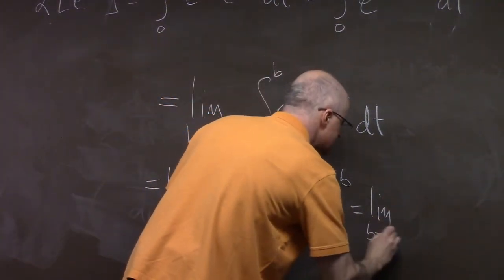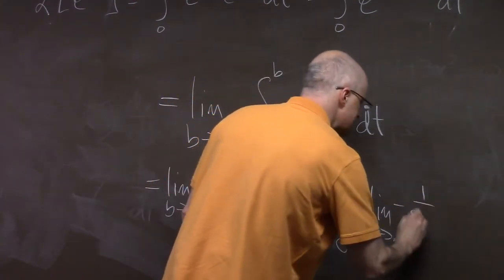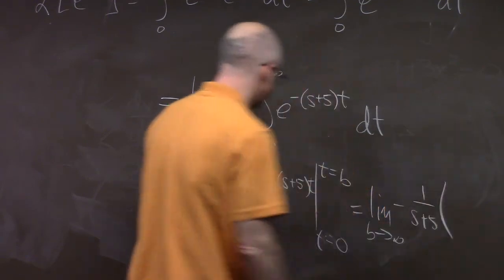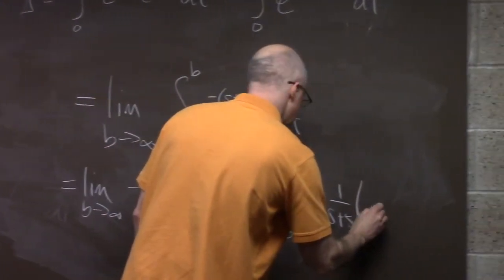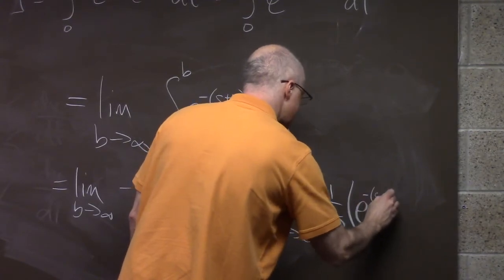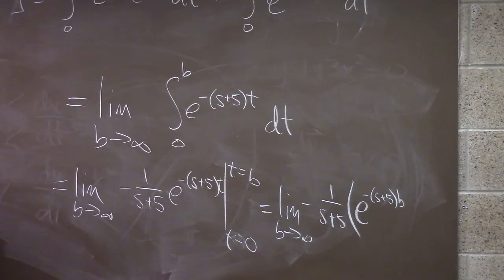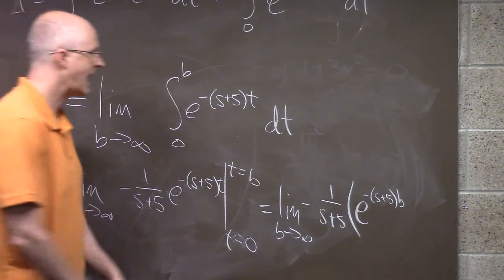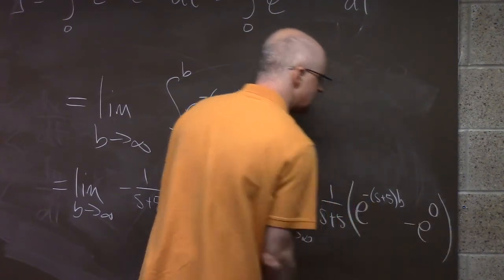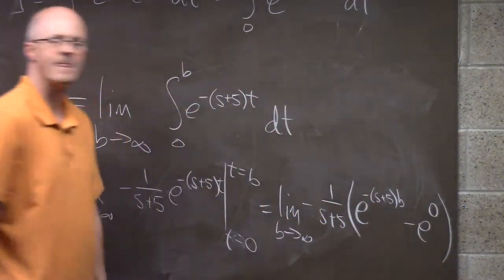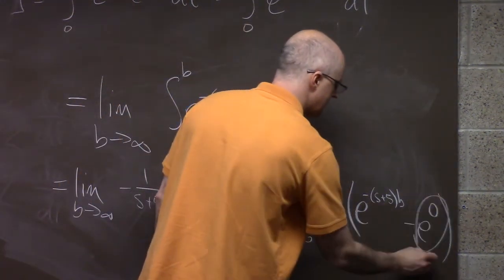Limit as b goes to infinity of negative 1 over s plus 5, just leave that outside the parentheses here. Plug in b for t, get e to the negative (s plus 5) times b. And then subtract what you get when you plug in 0 for t: e to the 0, which is 1.